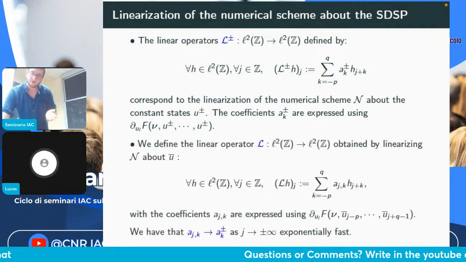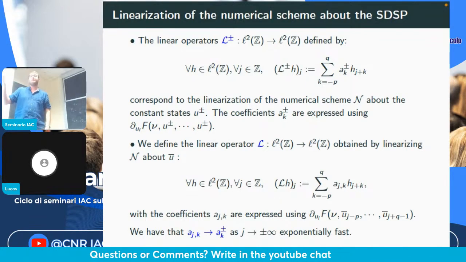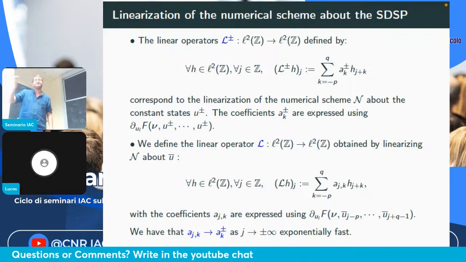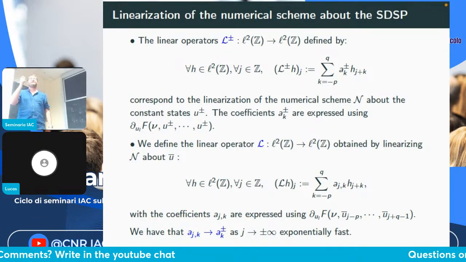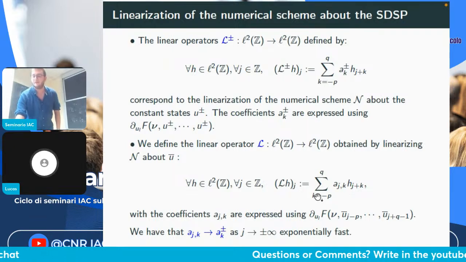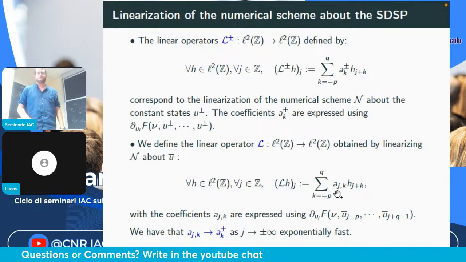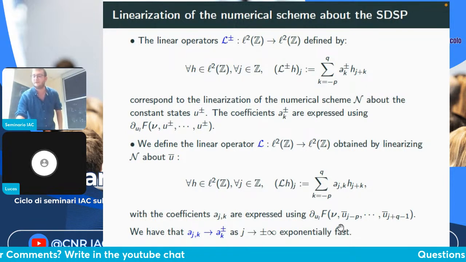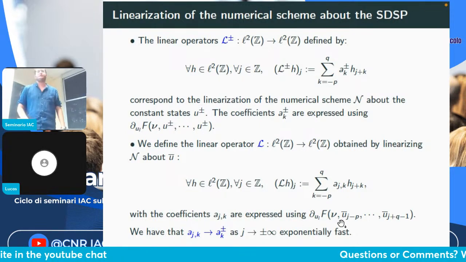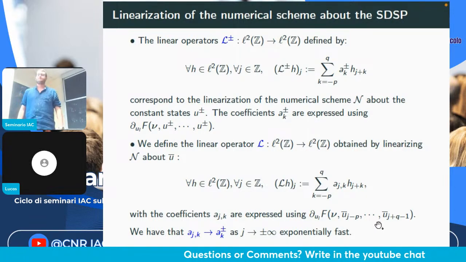Now, a little bit more complicated is how you define the linear operator, which is the linearization near the discrete profile. This is much more complicated because the definition of this linearization has some dependency on the coefficients a_jk that appear here, because this time they're expressed using the derivatives of your numerical flux about the values of your discrete profile.